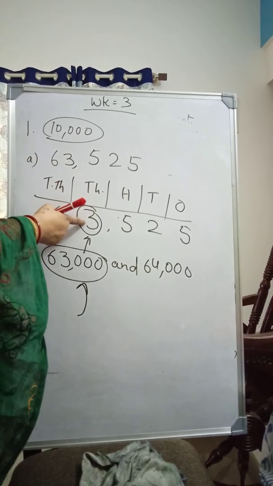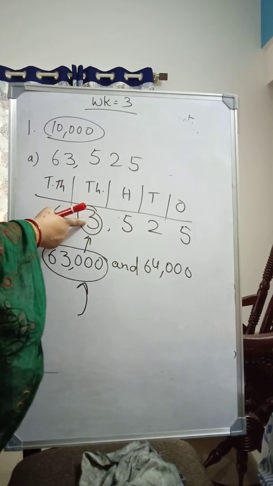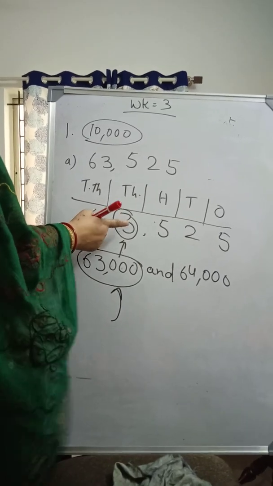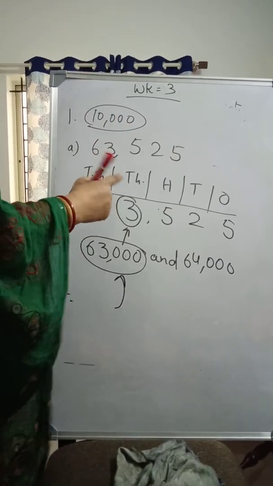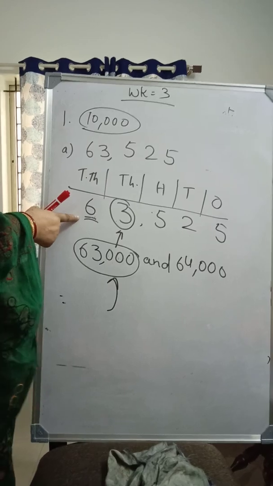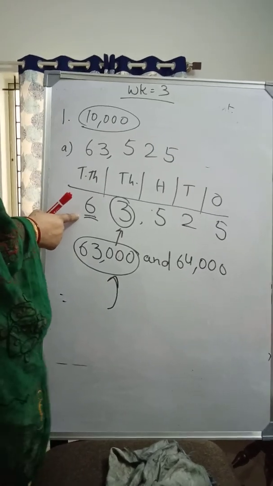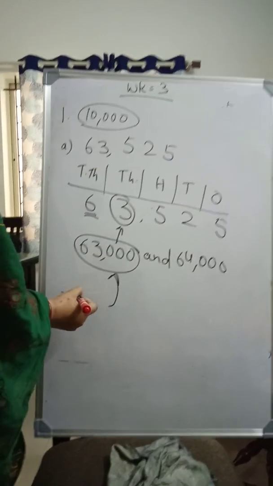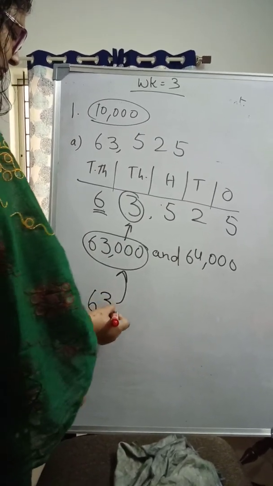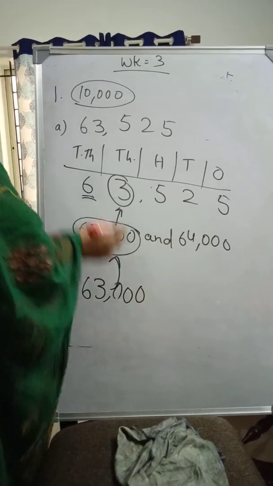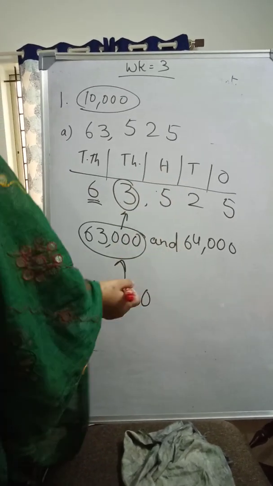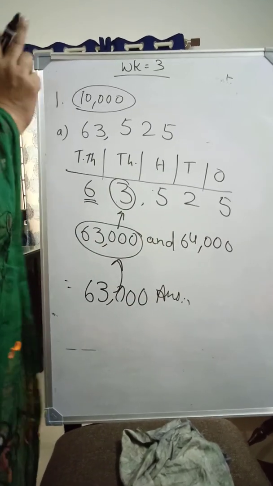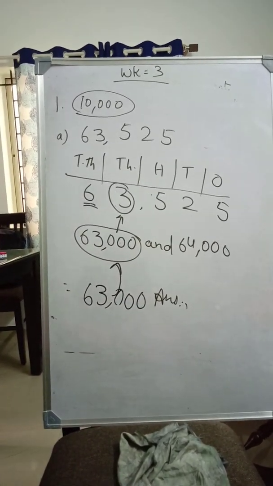As you all know, whenever the digit at the 1,000 place is 0, 1, 2, 3 and 4, then we round off to the multiple of 10,000 which will be less than this number 63,525. So the correct rounding off is 63,000, which is less than 63,525. So this is the correct answer, right? In this way you have to do question number 1. Now come to question number 2.